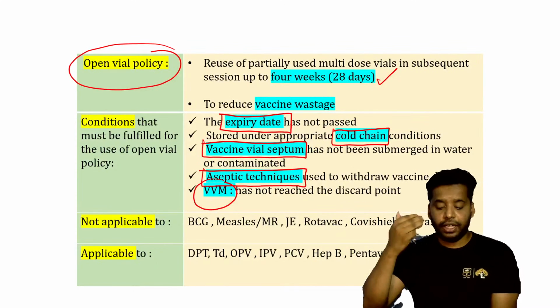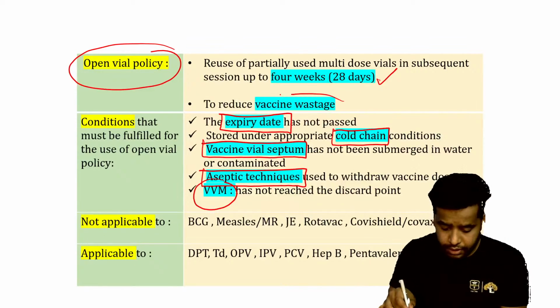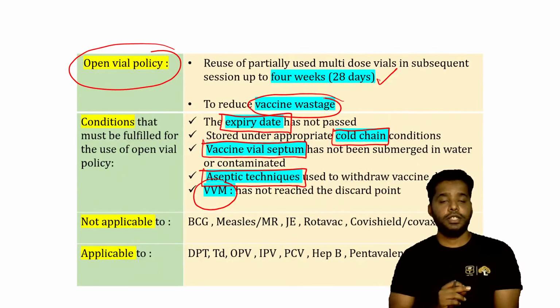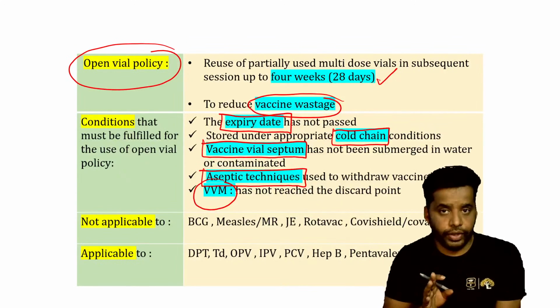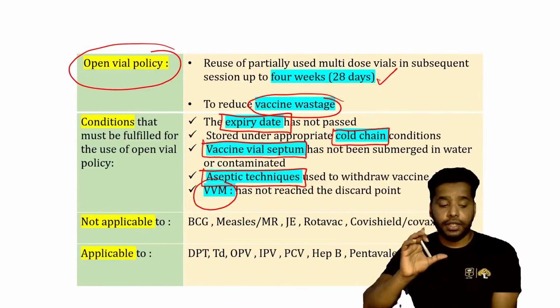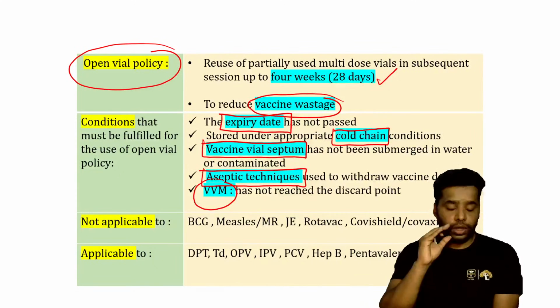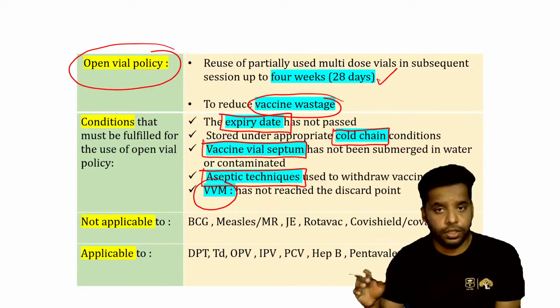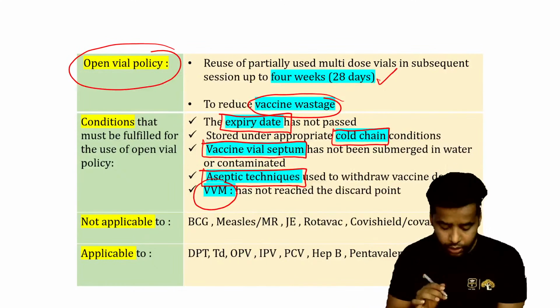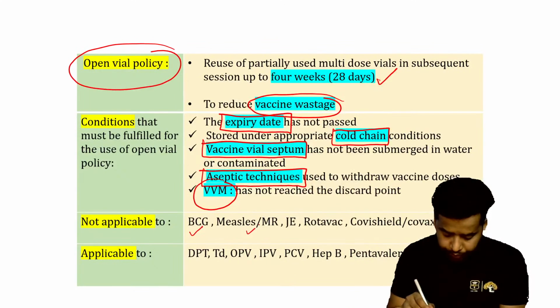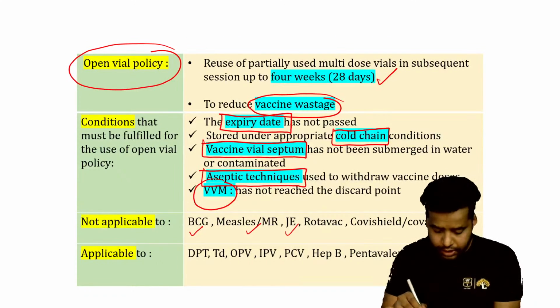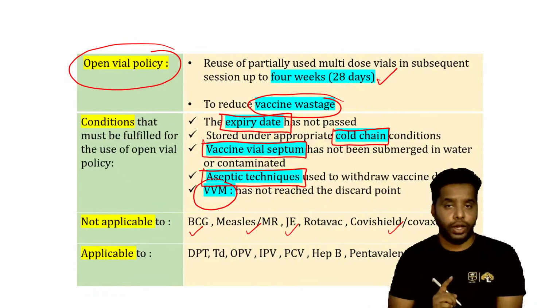So as you are using in the next session, the purpose is to reduce vaccine wastage. But this open vial policy is not applicable to what vials? BCG, measles or MR, JE, and Covishield and Covaxin.